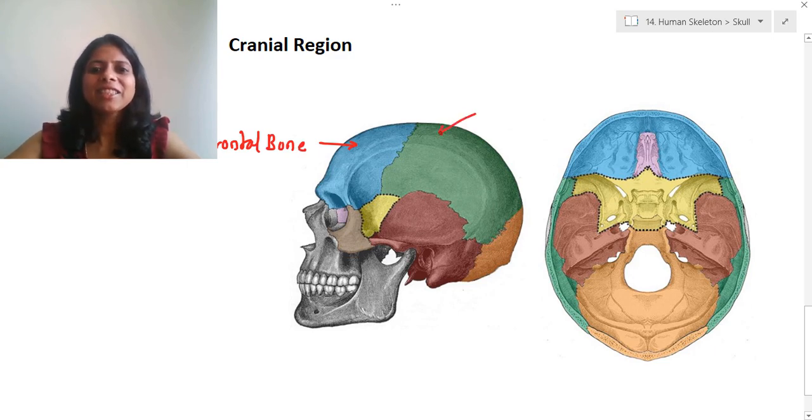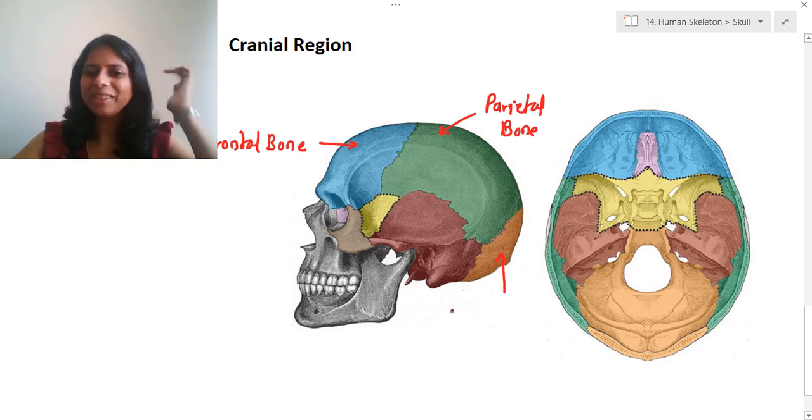Here, which is this bone? Yes, parietal bone, right? There is one parietal bone on this side, there will be another parietal bone on the other side. Now this whole big bone, which even goes down, this bone on the back side is called, yes, what is its name?